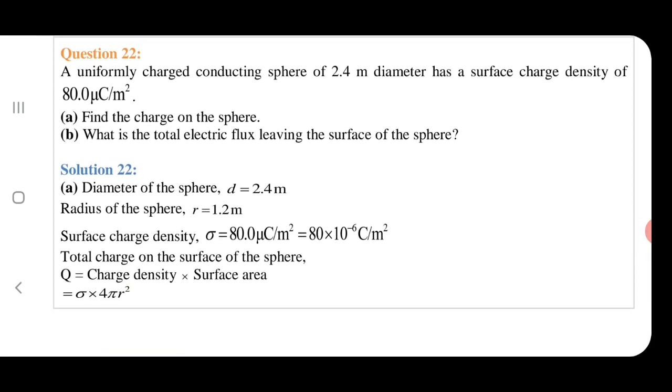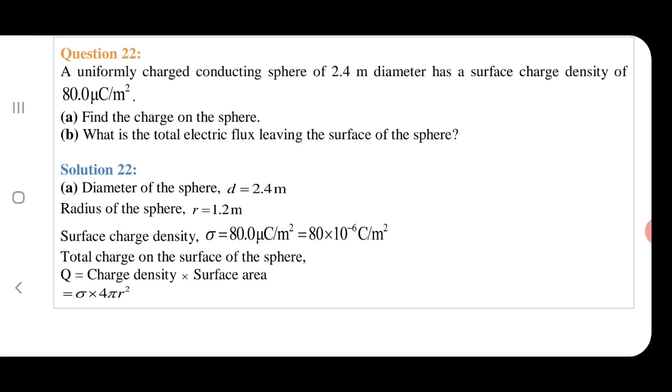So it's very easy. If surface charge density is given, how will you get the total charge? Very simple, that is the surface charge density into the surface area. Here surface area means the surface area of the sphere. What is the expression for the surface area of the sphere? 4 pi r square.